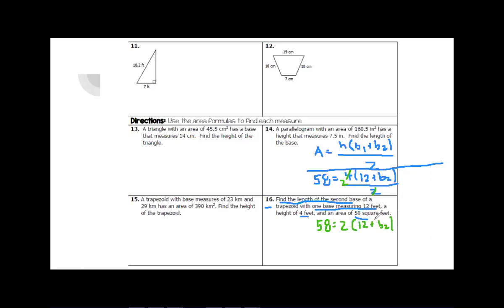Two different ways that you could go from here. You can either take this 2 on the outside and multiply it to everything on the inside, which would be 24 plus 2B2. Or you can use some division to get rid of the 2 and divide by 2 on both sides.